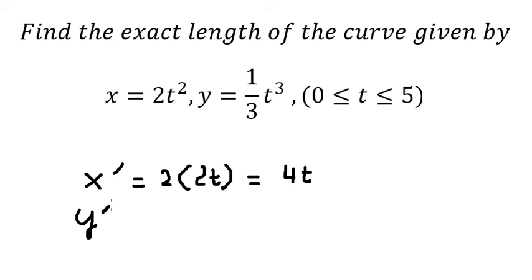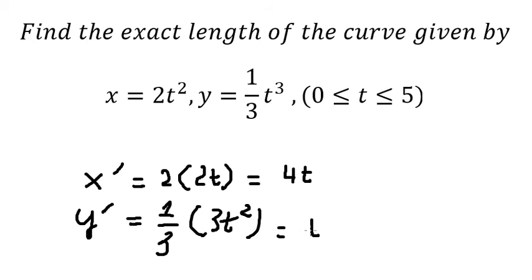Later, we do the first derivative of y with respect to t. The first derivative of t to the power of 3 is 3t squared, and you get t squared in here.